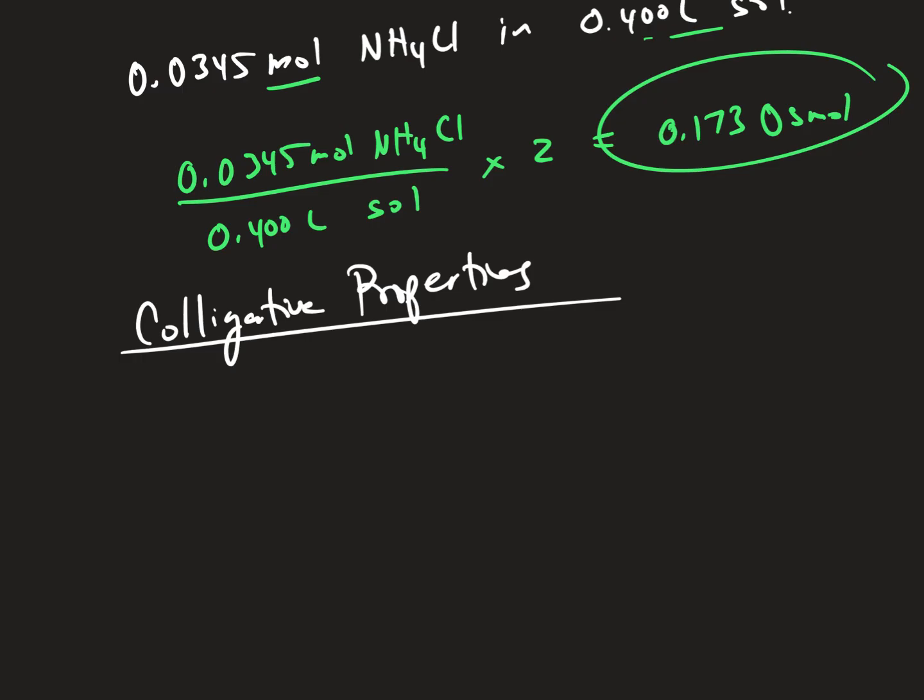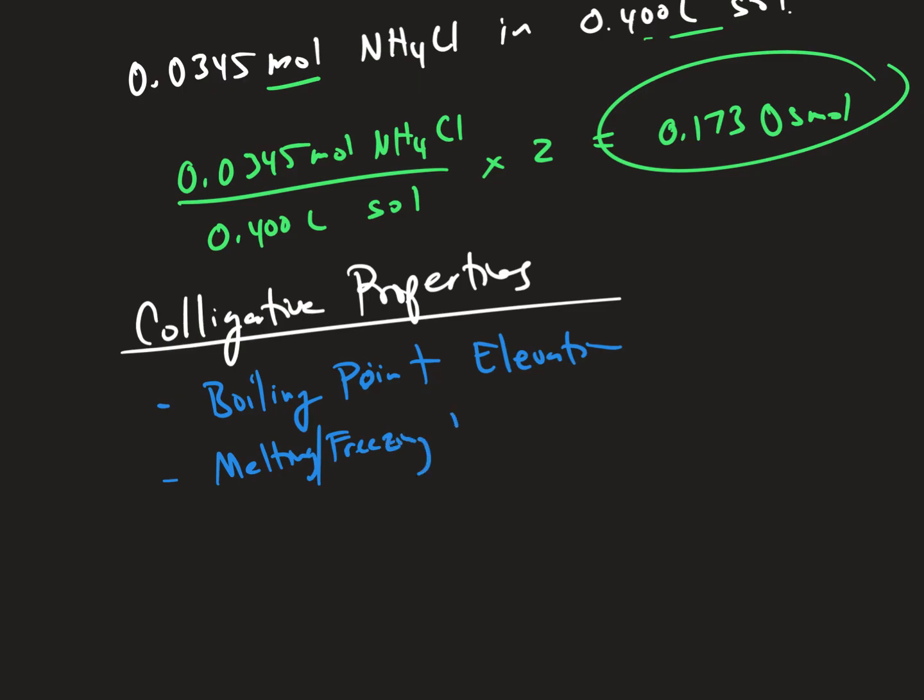Colligative properties is a fancy way of saying how you can elevate your boiling point, so boiling point elevation, or melting point or freezing point depression, meaning it goes down, right?